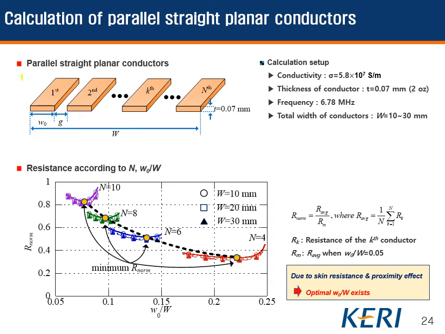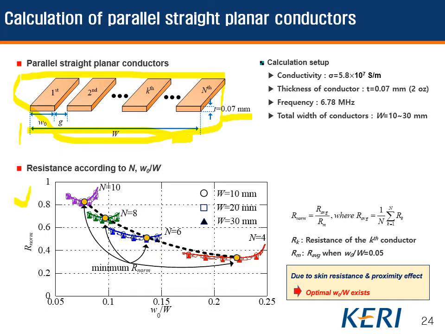This figure shows the n parallel straight conductors. As a metal, we use copper. Thickness of the metal is 70 micrometers, about 2 ounces. Frequency is 6.78 megahertz. Total width of the conductors is varied from 10 millimeters to 30 millimeters.